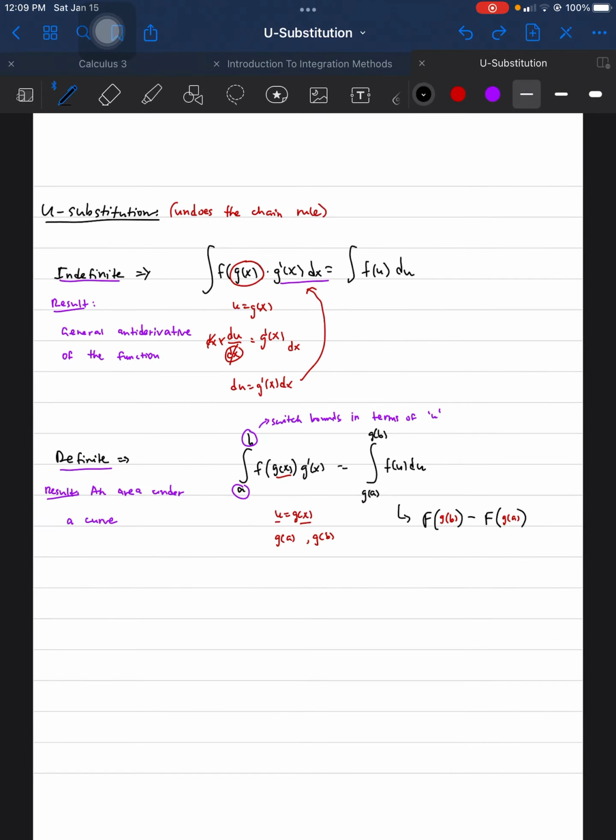So let's do a couple of examples that involve U-substitution. We're not gonna do the indefinite U-substitution.